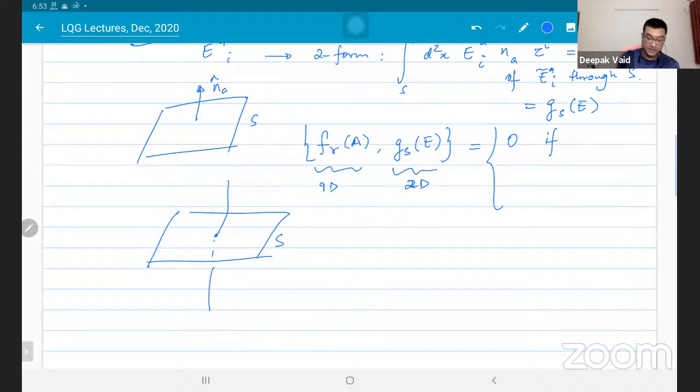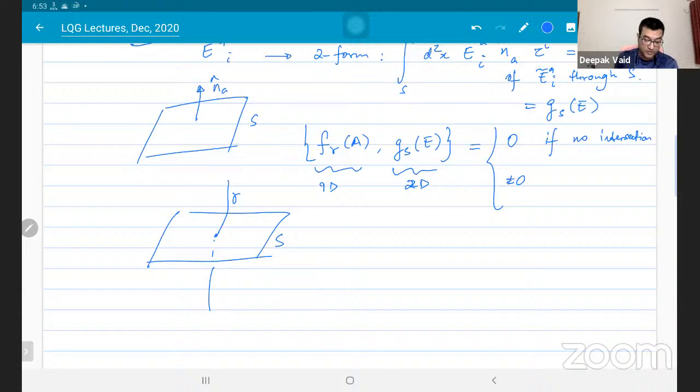So for the same reason, if your path gamma and your surface S have no intersection, this will be zero. There is no intersection. And otherwise, if there is an intersection, then your commutator will not be zero.